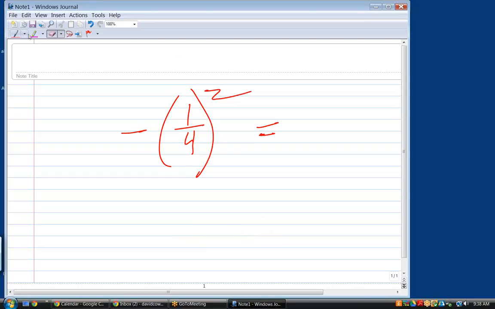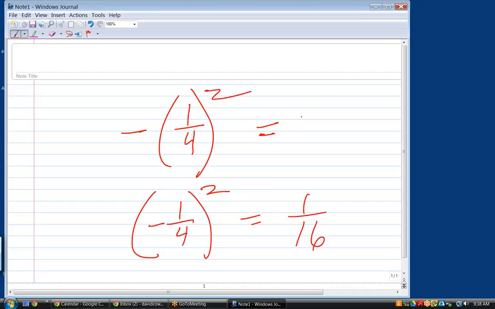No. It's important to recognize that this 2 does not operate on that negative sign. In other words, it only operates on what's inside the parentheses. So this is not the same. Yeah, this is a different answer. If I write it like this, that's equal to 1/16.